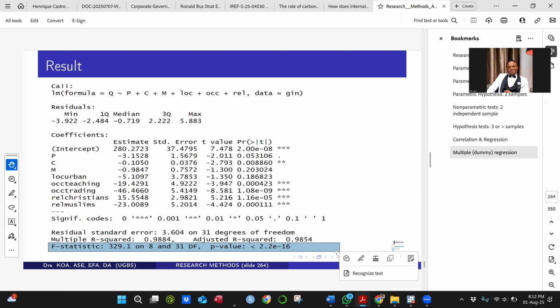Now, take something like you're doing a research. You'll be surprised that in the research you're doing, the major technique you'll be using to address all your research questions is regression. But before you undertake a regression in your thesis, in your dissertation, there are about 5 things you will do before you do the regression.